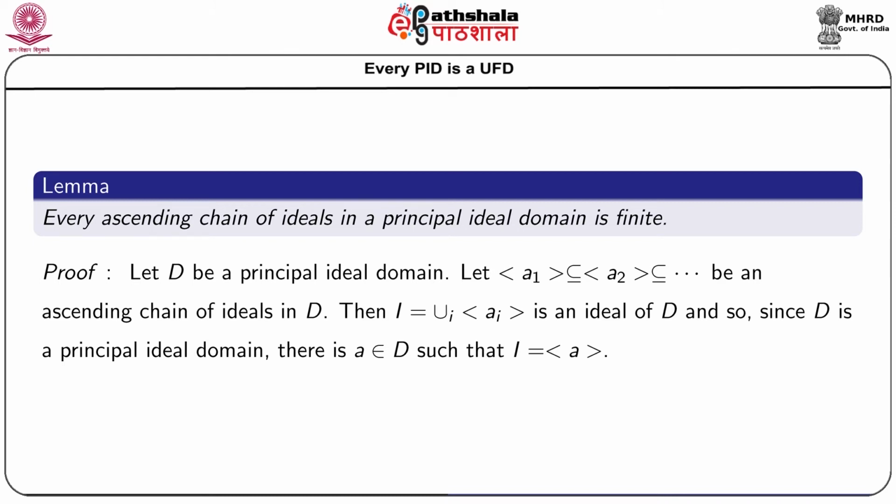In general, the union of ideals may not be an ideal, but since here the ideals we are considering form a chain, their union must be an ideal I of D, and since D is a principal ideal domain, the ideal I is also generated by some element A. Here our main strength is that since I is the union of all these ideals, that is ideals generated by Ai, A must be in some ideal in this chain.